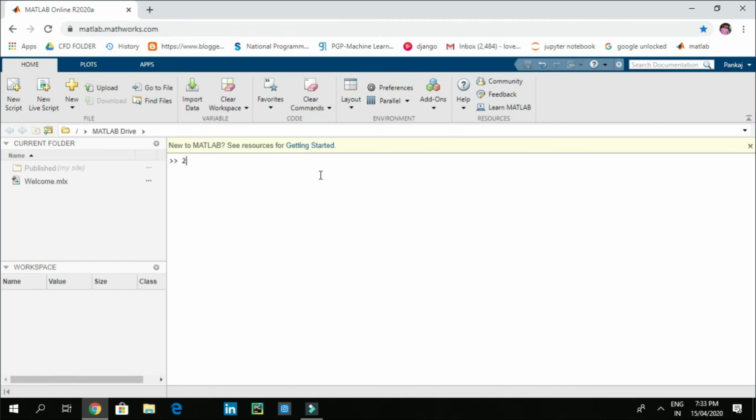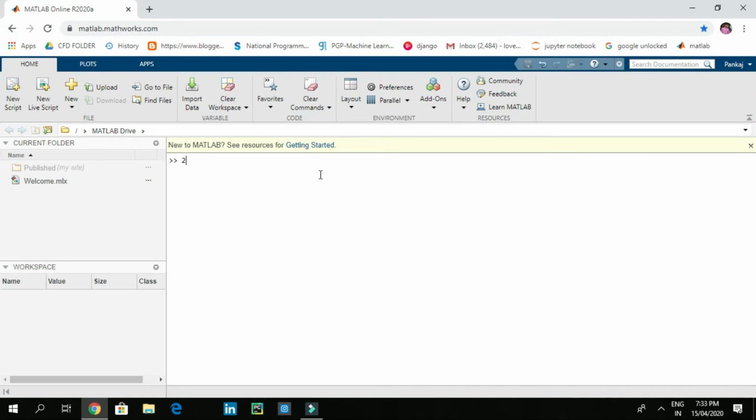So let's try some operations. We want to give A raised to 2. So A caret 2 gives power of 2, means A square, 2 square, like that 45 raised to 6.